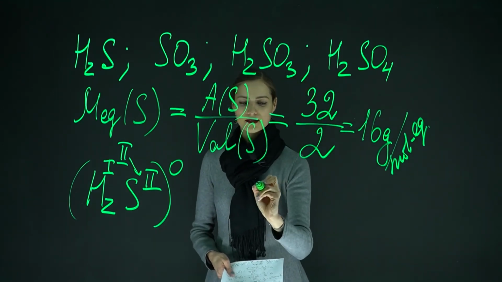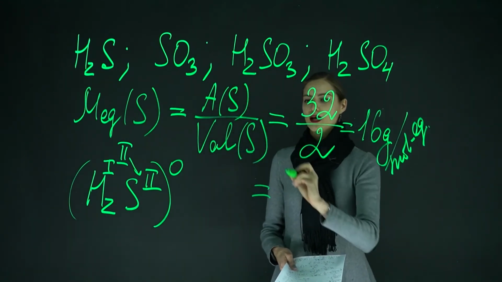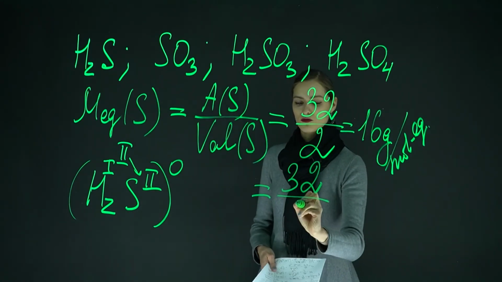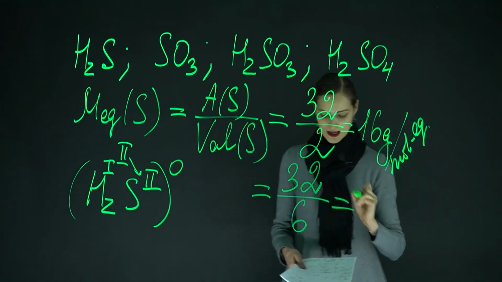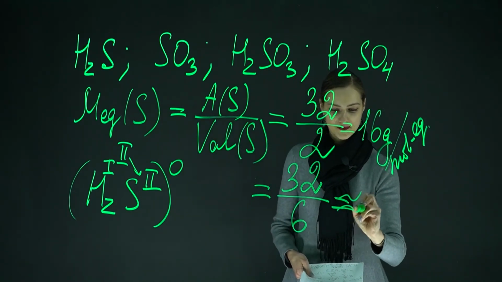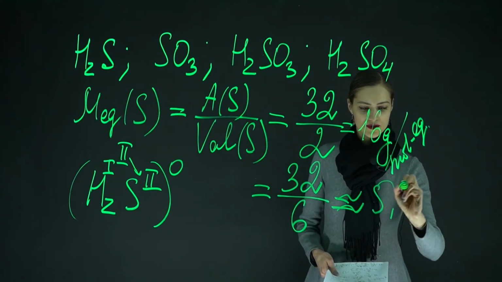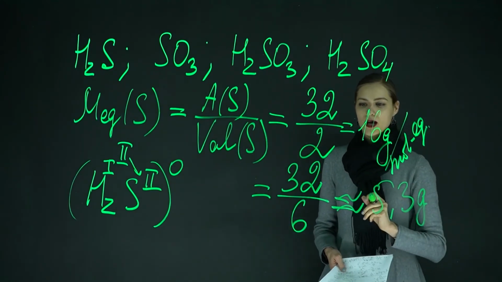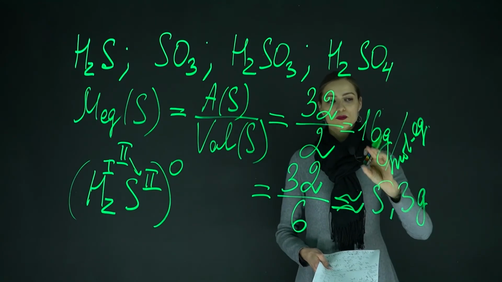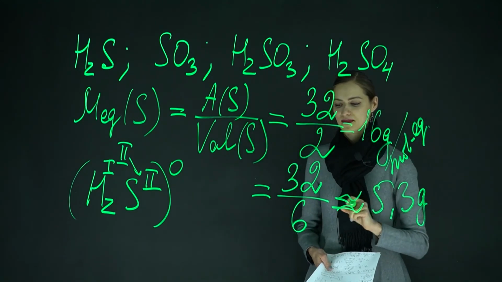So in the second example, we divide 32 over 6, and it equals approximately 5.3 grams. We can write the unit as just grams or gram per 1 mole equivalent.